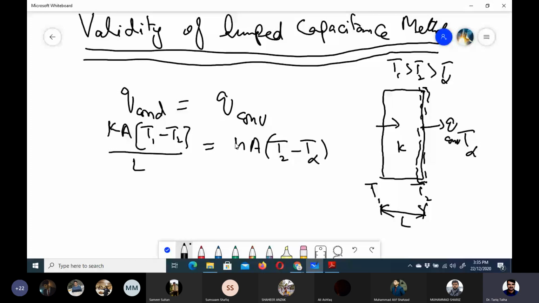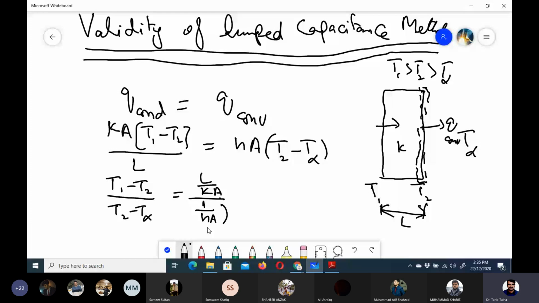If we write the ratio of T1 minus T2 divided by T2 minus T infinity, that would be equal to L upon KA divided by 1 upon HA. We have written this HA in the denominator in this form.